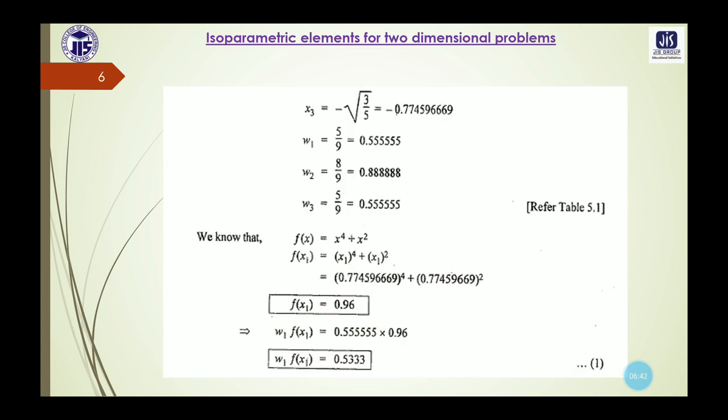So this value we have entered here, and finally we have calculated the value of the function when x is x1. So what we are getting is that f(x1) is 0.96. So that means w1 into f(x1) can be computed as 0.96 into 0.555, because the value of w1 is 0.555, that is 5 by 9. So w1 into f(x1) is 0.5333. This is our equation number 1.